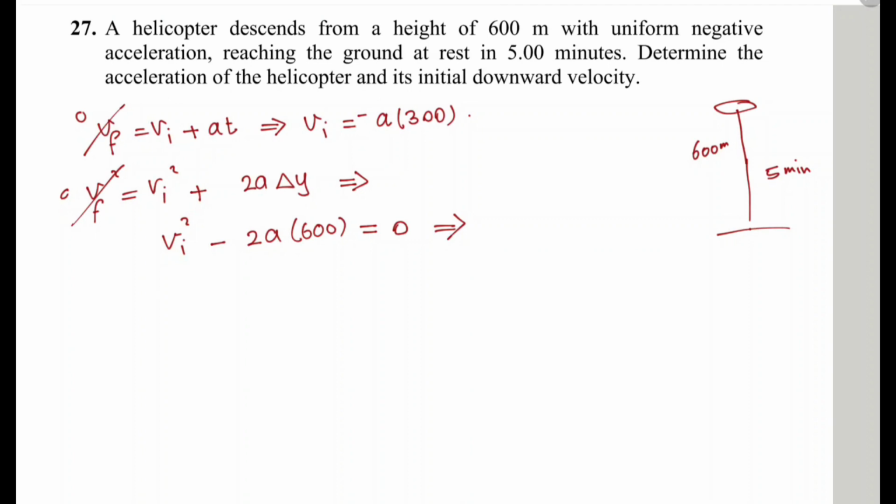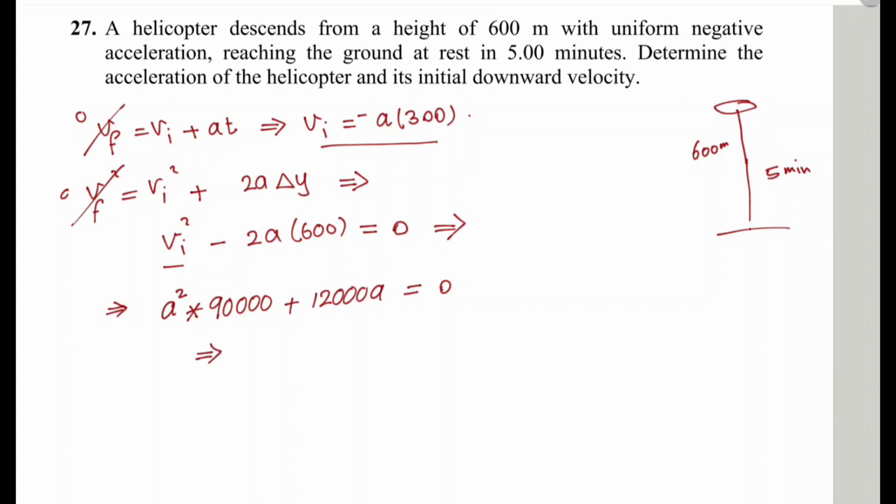Now you substitute the initial velocity back in here, and you will get a squared times 90,000 plus 12,000 a equal to 0.